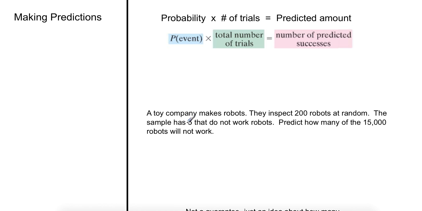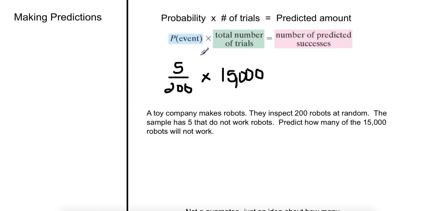The sample has 5 that do not work. So that's a 5 out of 200. So for every 200 robots, 5 will not work. Now I want to find out how many that would be if I have 15,000 robots I made in my factory.